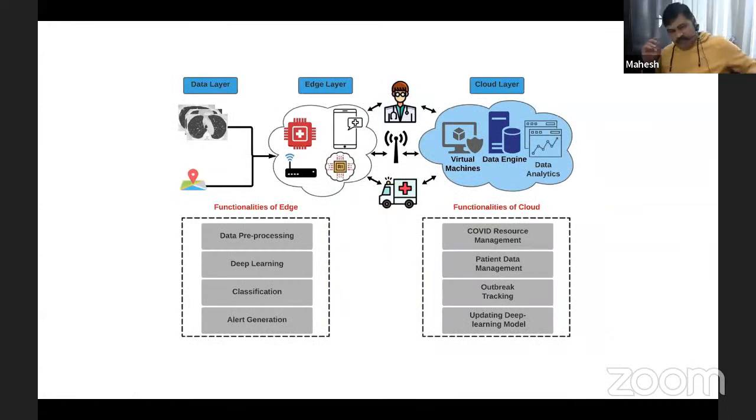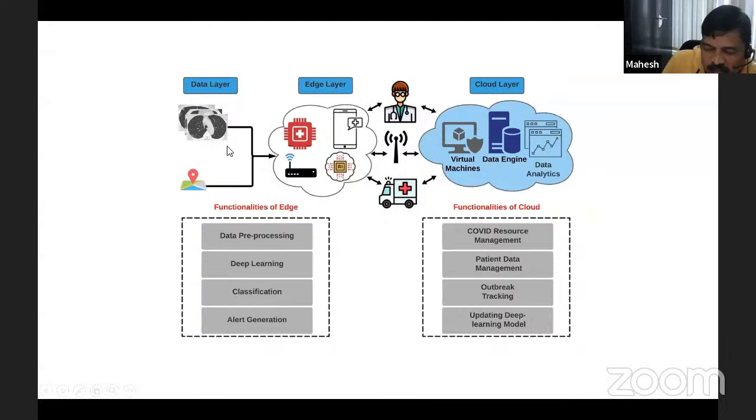So here is actually another problem, we can use cloud layers or edge layers, cloud and edge layers. So here actually is the application we proposed. There is a data layer, which has CT images of the patients. And we want to use the mobile phone, okay.